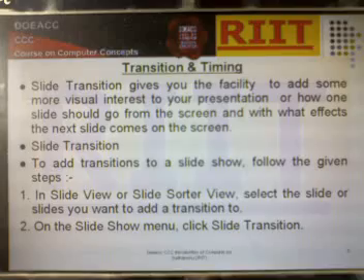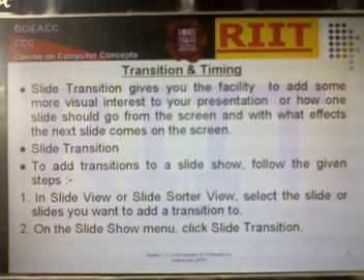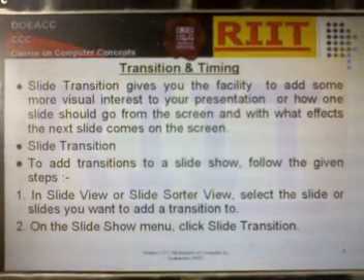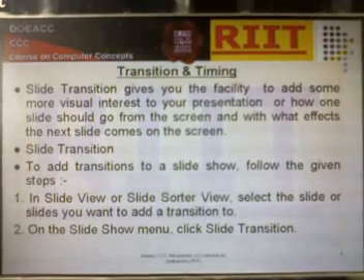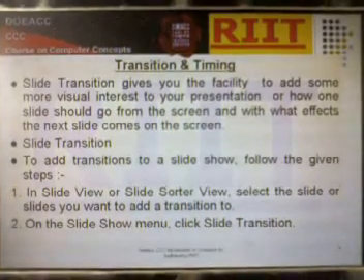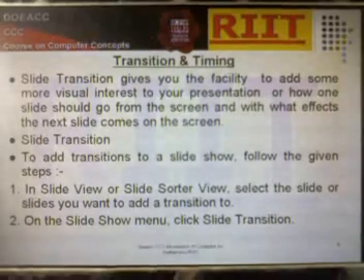Slide transition. To add a transition to a slideshow, follow the given steps. In slide view or slide sorter view, select the slide or slides you want to add a transition to. On the slideshow menu, click slide transition.